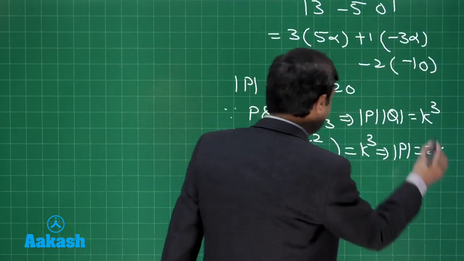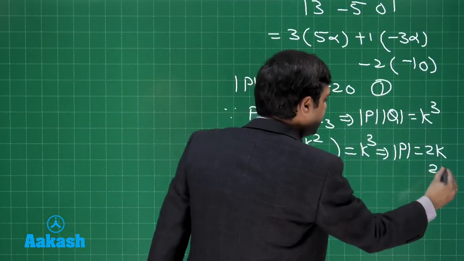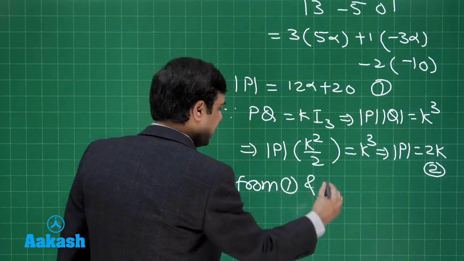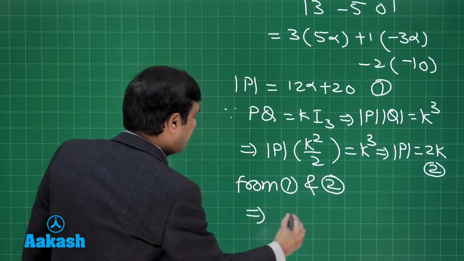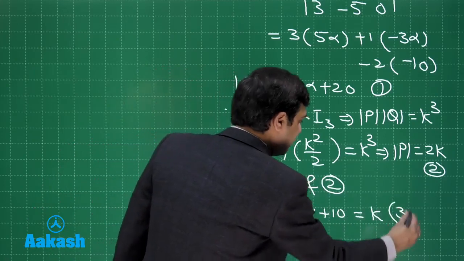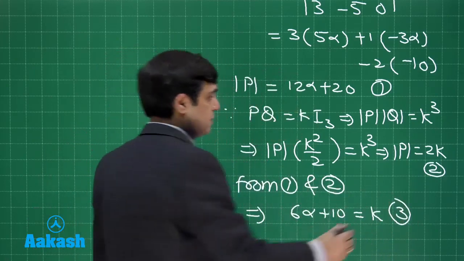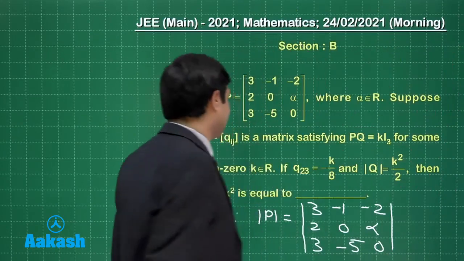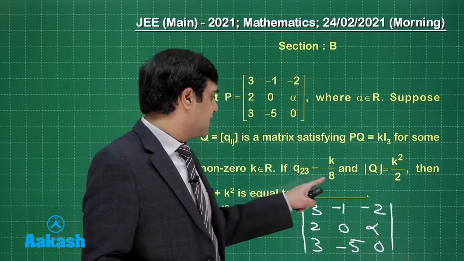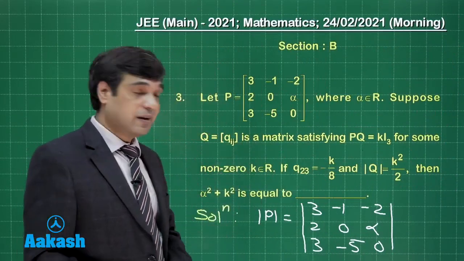So we have the result from these two equations. From 1 and 2, we conclude that 6 alpha plus 10 is equal to k. This is one more result. Next, what we have not used yet is the element Q23, which is minus k by 8.